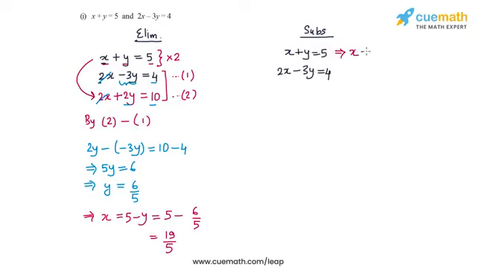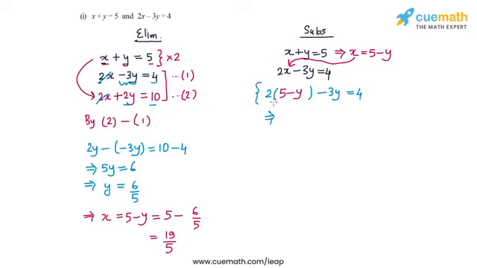So x can be written as 5 minus y, and let me substitute this value of x into the second equation. The second equation is 2x, or 2 times 5 minus y, minus 3y is equal to 4. Now this is an equation in y alone, so let's solve it to find the value of y.